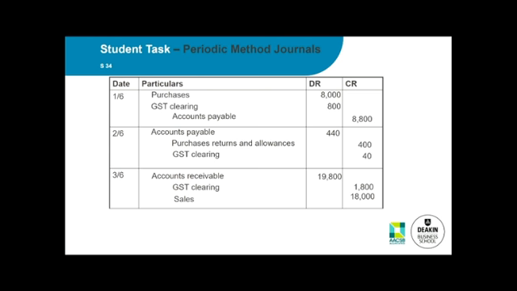But before, we had cost of goods sold, right? And we had our inventory. Do we have cost of goods sold and inventory here now as a double entry? We don't have it anymore, right? We don't debit cost of goods sold and credit inventory. We'll leave it until the end, and we'll calculate the cost of goods sold indirectly under the periodic method.